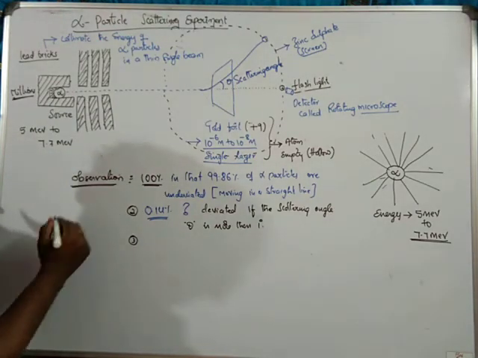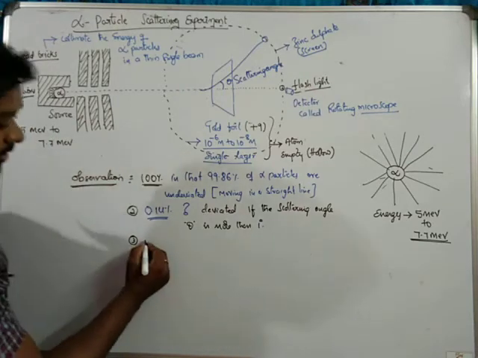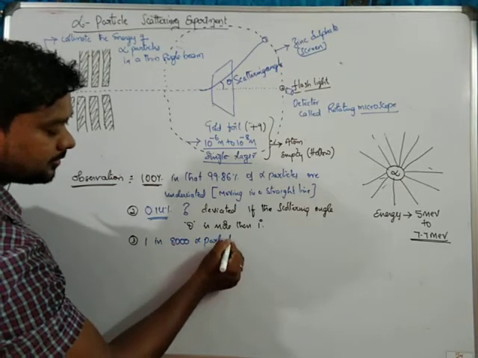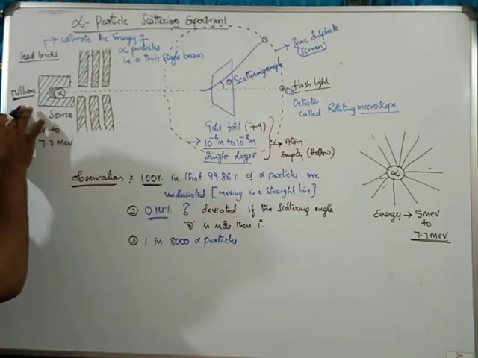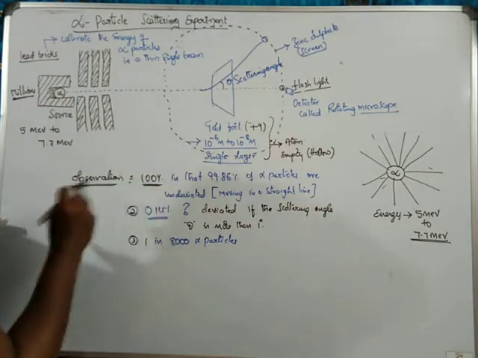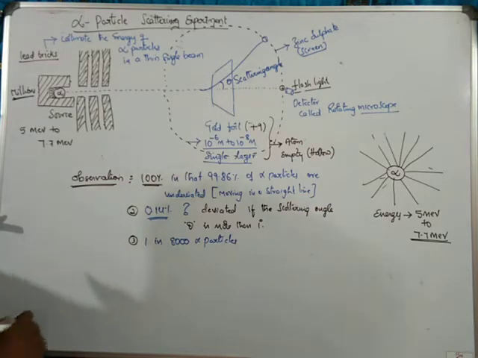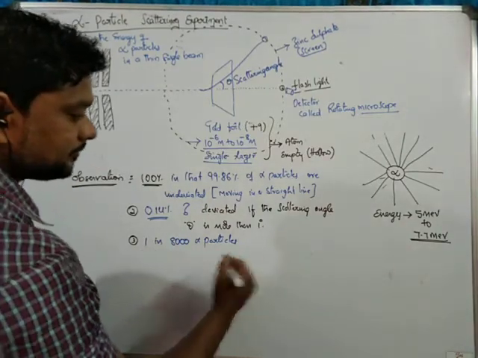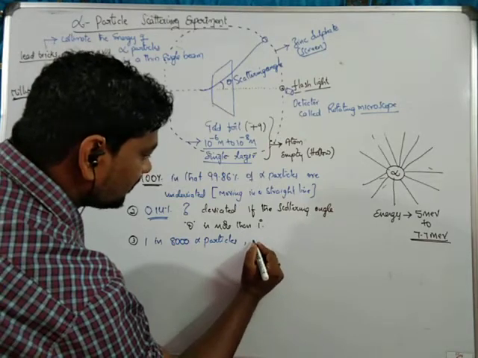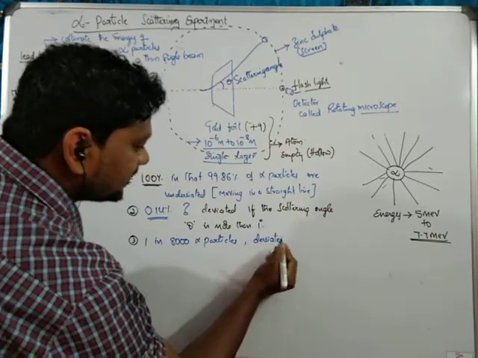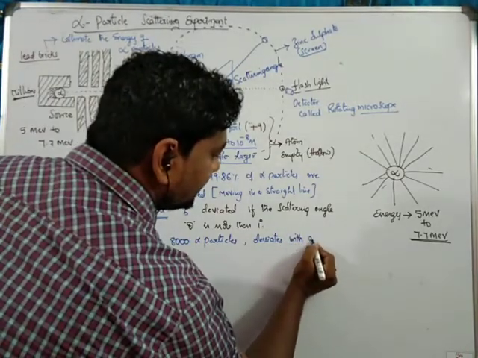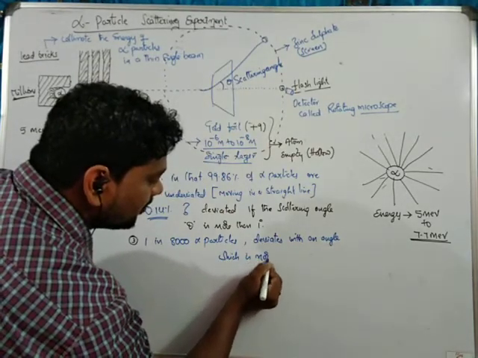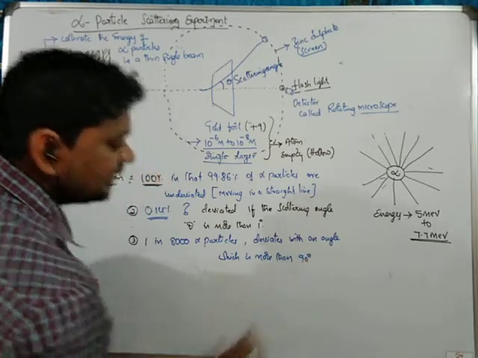But on an average, 1 in 8,000 alpha particles, suppose we are sending millions, for every 8,000 alpha particles, 1 alpha particle deviates with an angle more than 90 degrees.